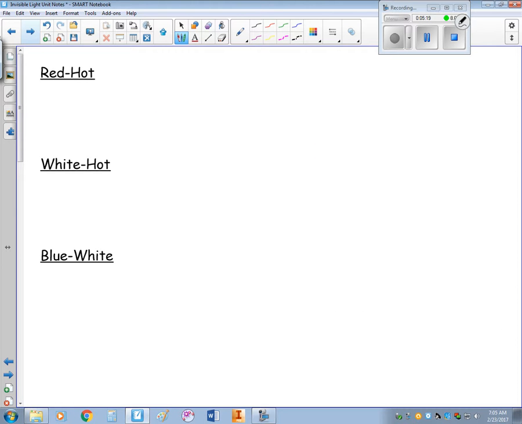So red hot is around 3,000 Kelvin. If something is so hot that it's glowing red, it has very little power in the visible light band.